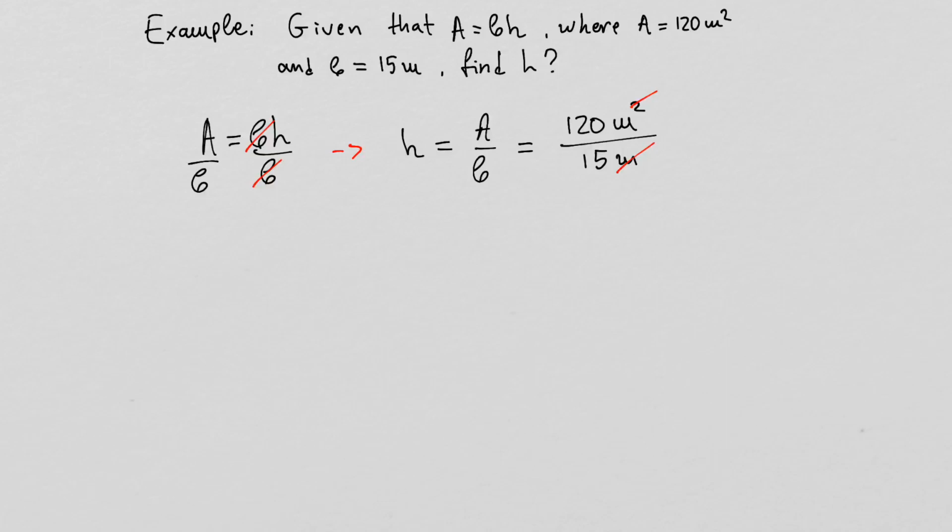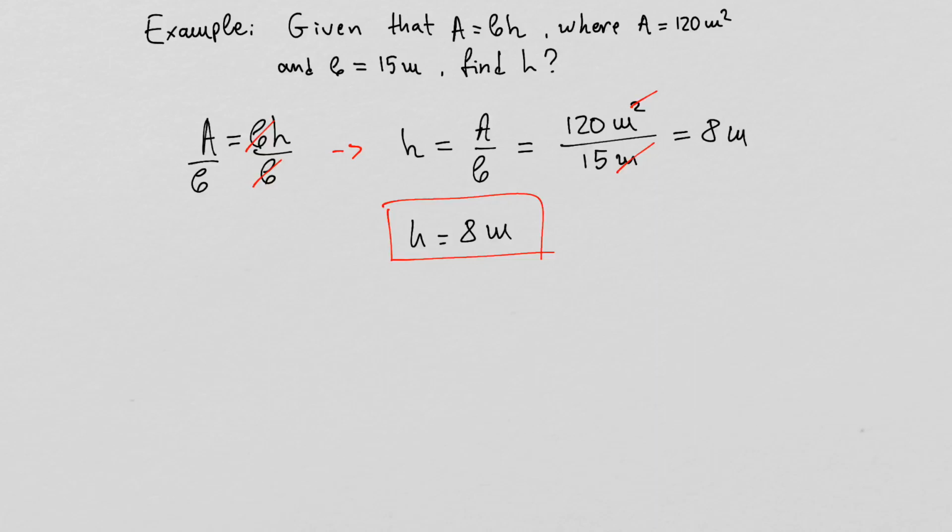And what I'm left with is meters for the units of H. And so if I divide 120 by 15, that would be equal to 8. So the result is 8 meters. So H is equal to 8 meters. And so these are units of length as expected.